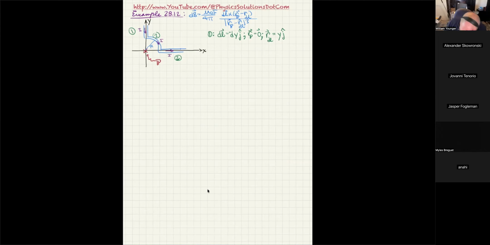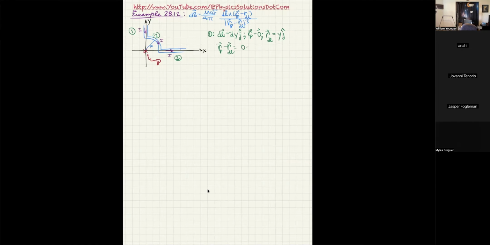Now, the whole reason I took the time to do all this is I want you to understand that we have DL crossed with RP minus RDL. That vector is literally 0 minus y j hat, so it equals negative y j hat.